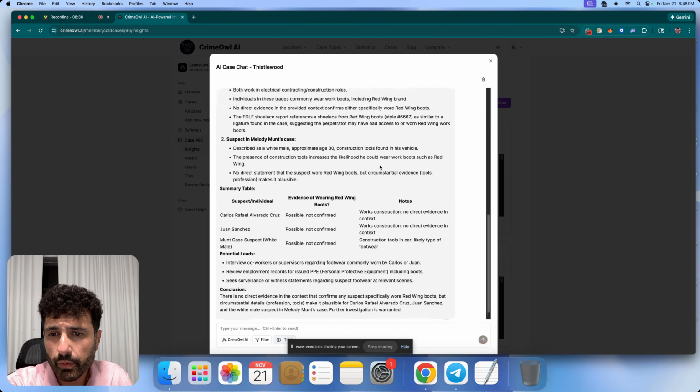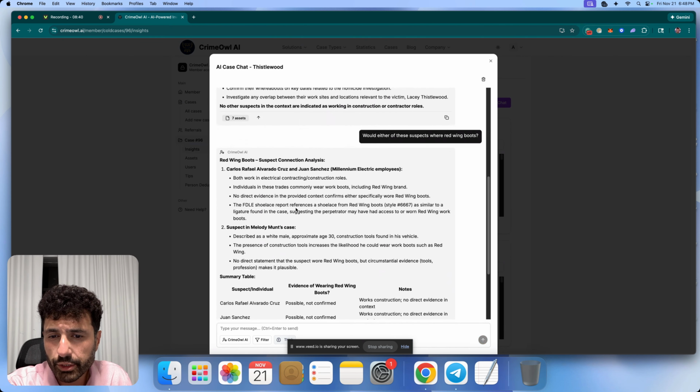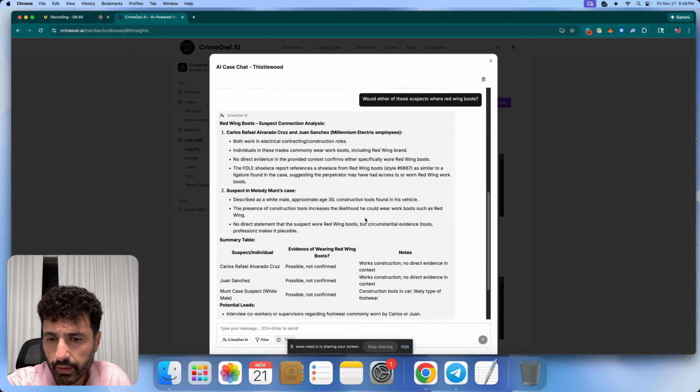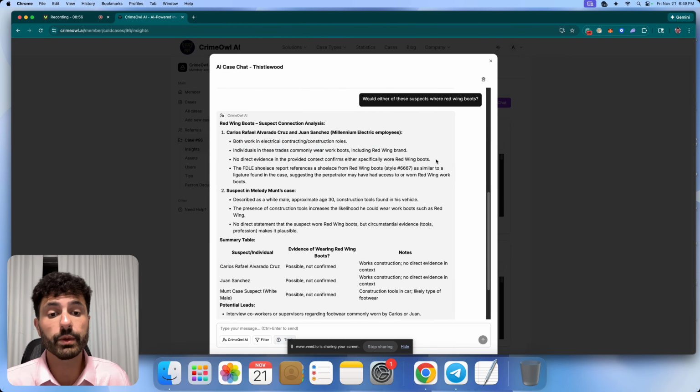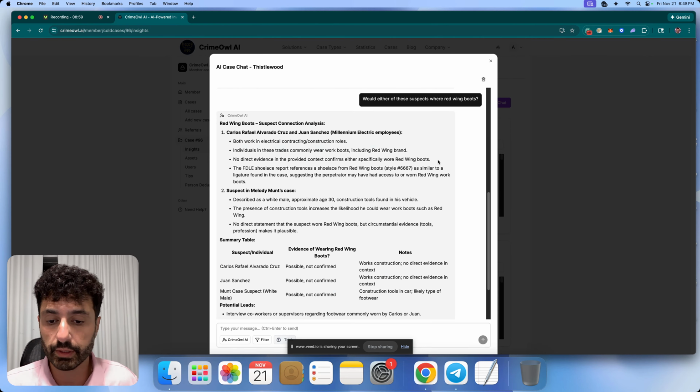Both. The FDLE shoelace report references a shoelace similar to the ligature, suggesting the perpetrator may have had access. Interesting. Both work in trades where individuals commonly wear work boots, including Red Wing brand. So we have a connection there, as you can see over here.